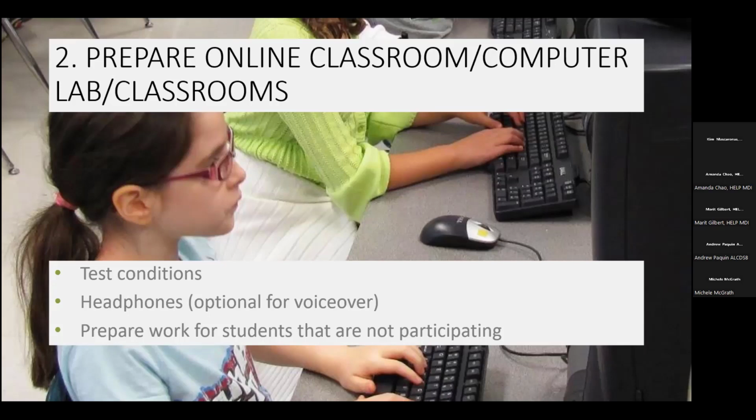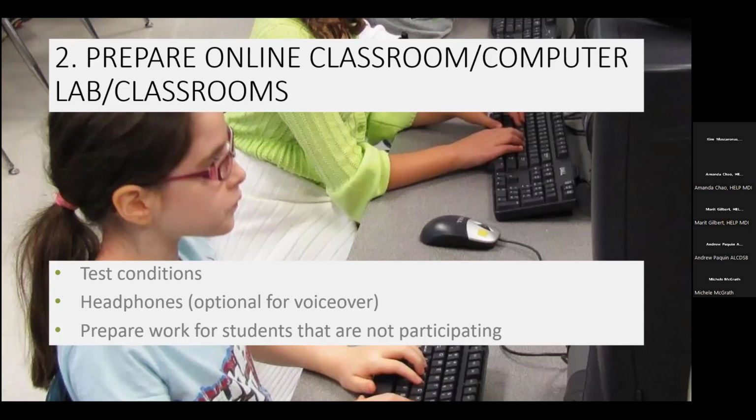One tip that we have is we suggest that you write the website address on the board for all to see. So for example, you can write down on the board www.mdi.ubc.ca so that kids know which website to go to.